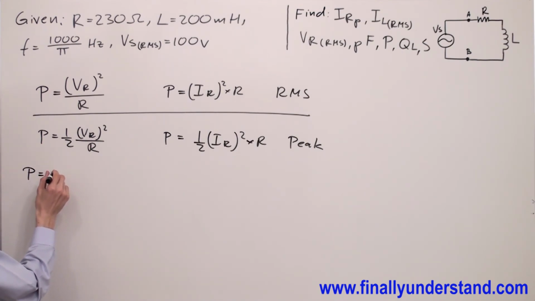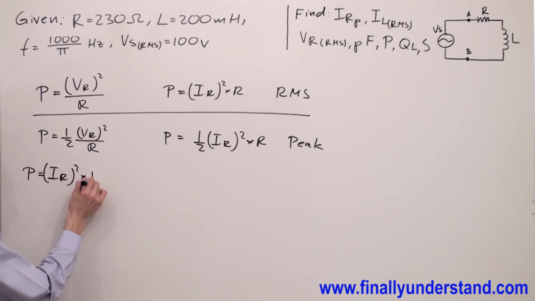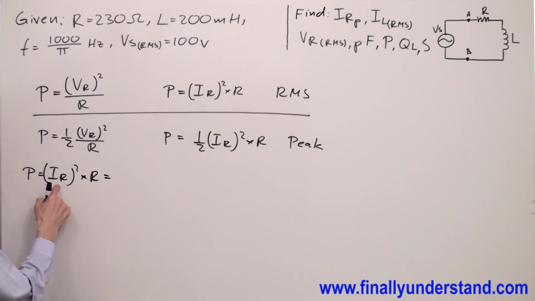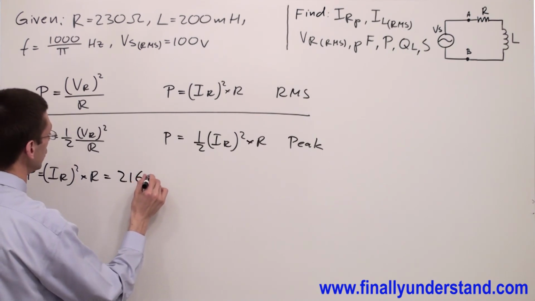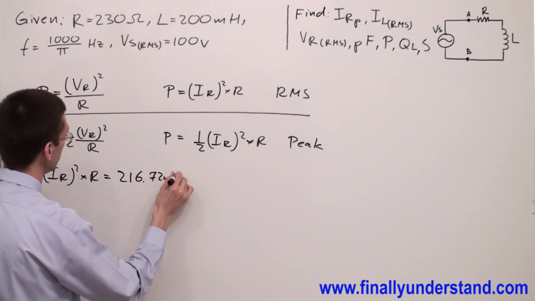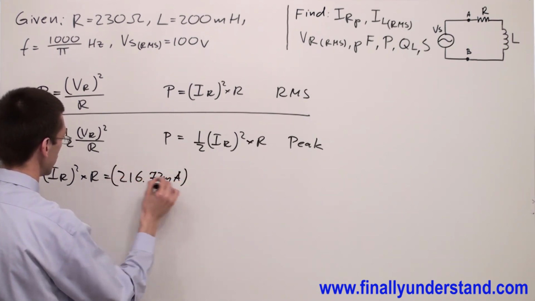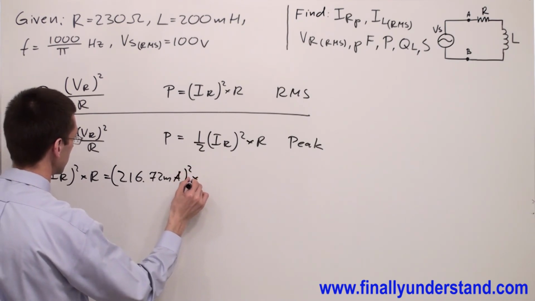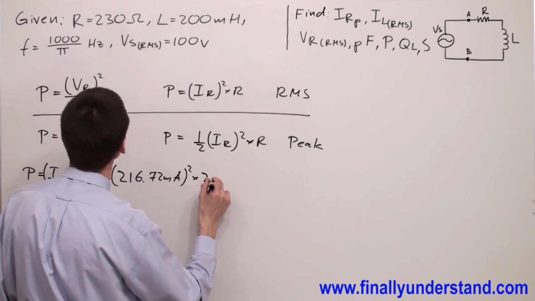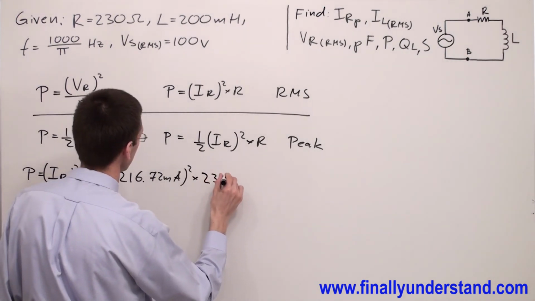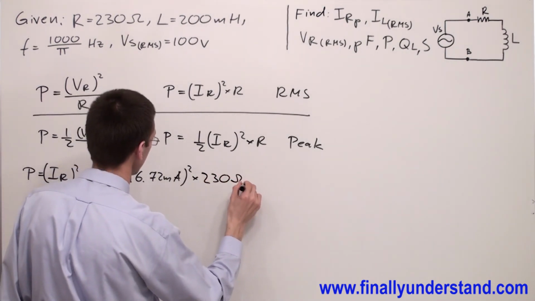IR square times the resistance, where IR we found, the RMS value, 216.72 milliamps raised to the second power times the resistance, which is equal to 30 ohms.